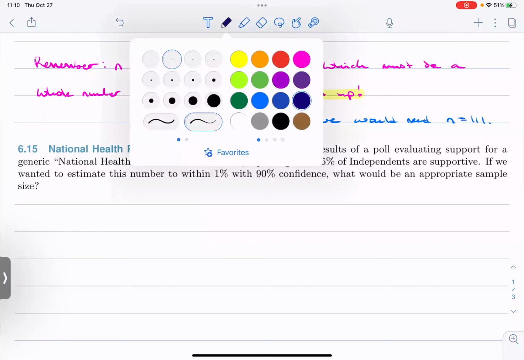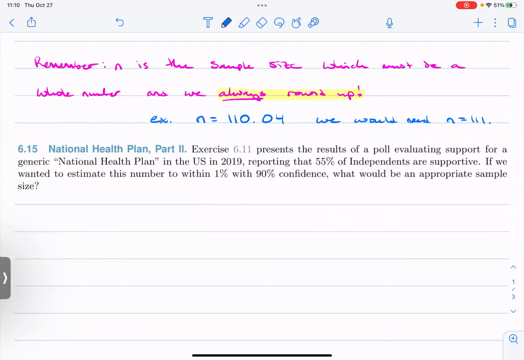And the sneaky part here is we are given a margin of error, but it doesn't say we need this margin of error to be 1%, right? But when it says to within 1%, this means that M is 0.01, remembering that we're talking in terms of proportions, right?